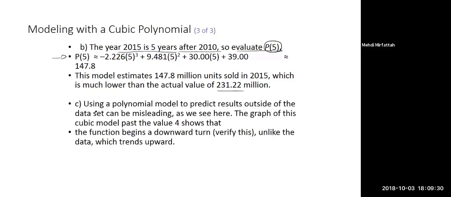So using polynomial models to predict results outside the data set can sometimes be misleading, as in this case. As you can see, the graph of the cubic model past the value 4 shows that the function begins a downward turn, unlike the data, which tends to go upward.